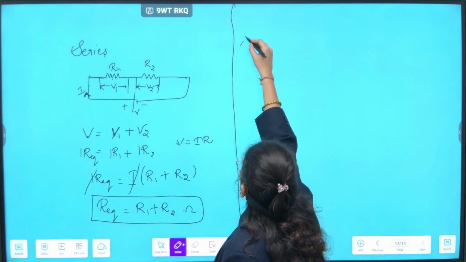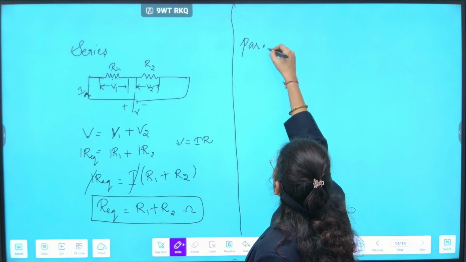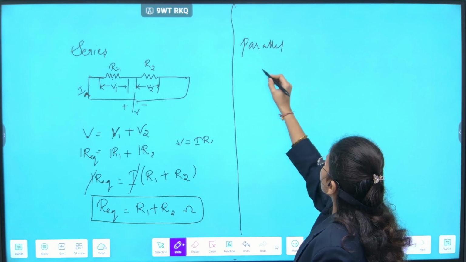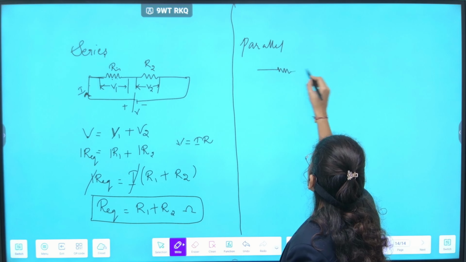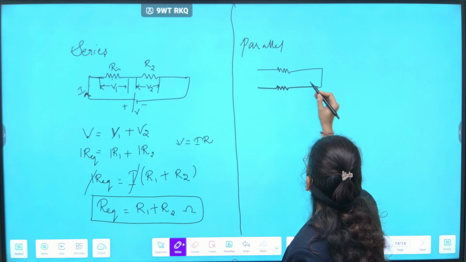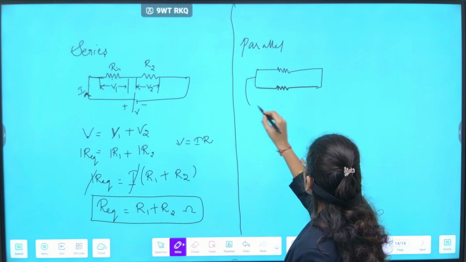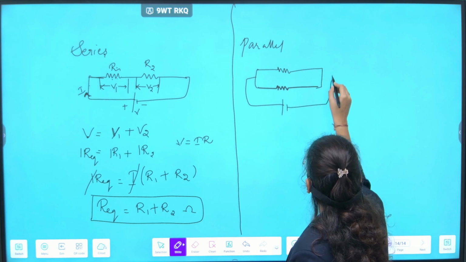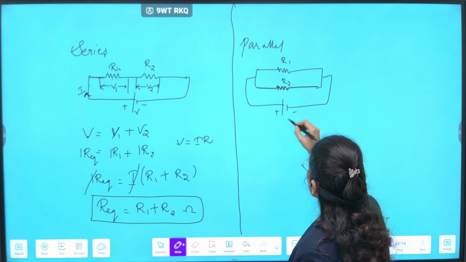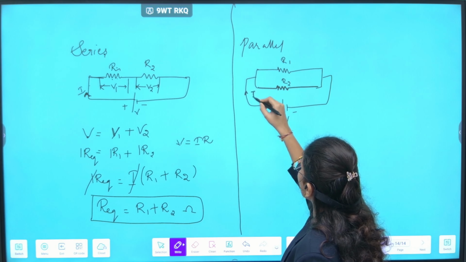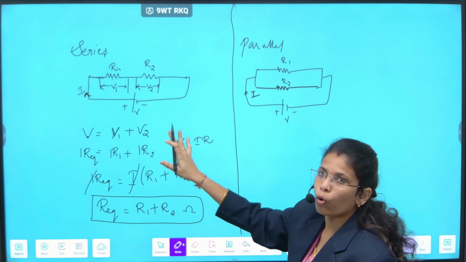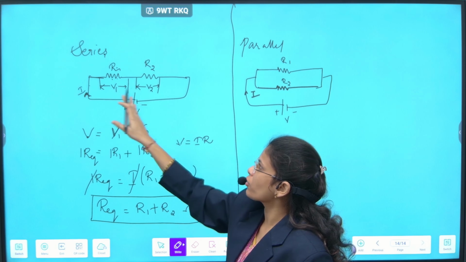Let us see, when two resistors are connected in parallel, what is the equivalent resistance? This is R1 and this is R2, supplying voltage V, current flowing I. In a series connection, voltage drop occurs across the resistors.